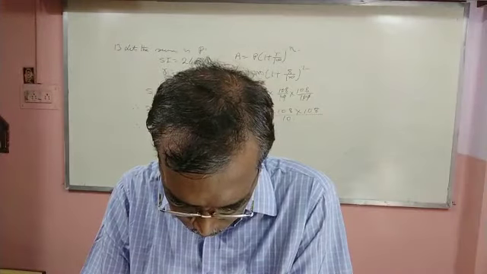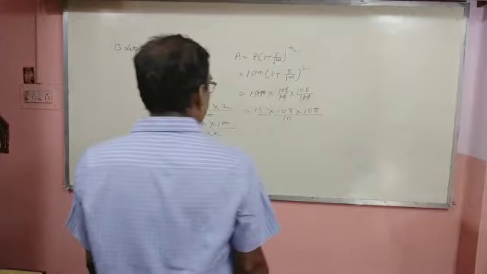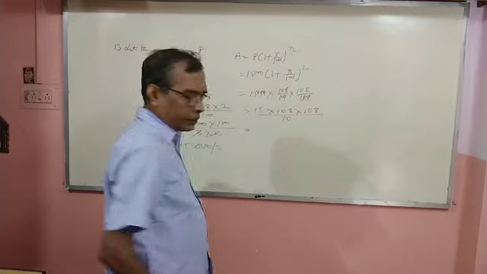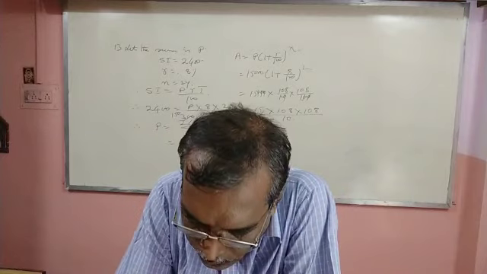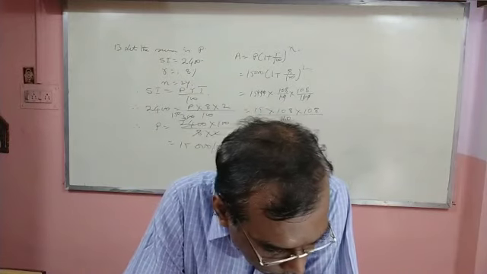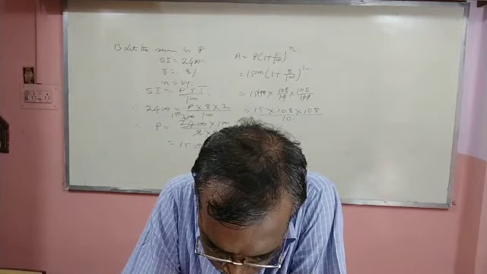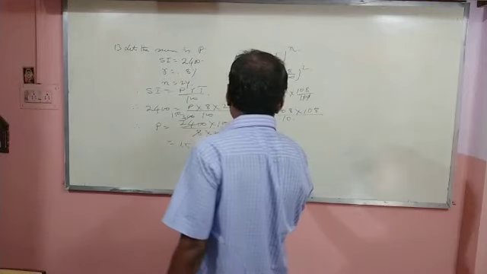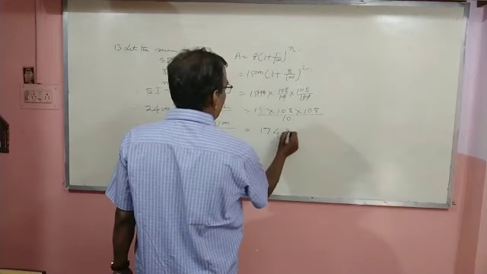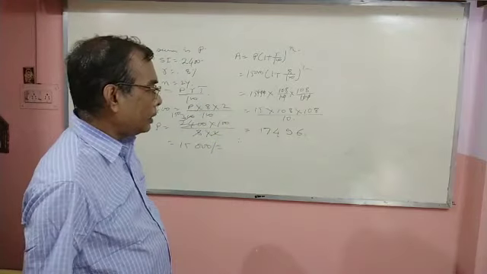Okay. Now if we are going to take the calculations, the things will come as 17,496. So therefore the amount becomes 17,496.